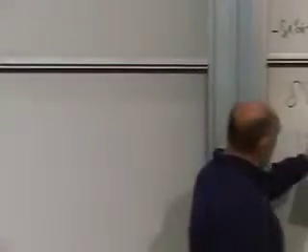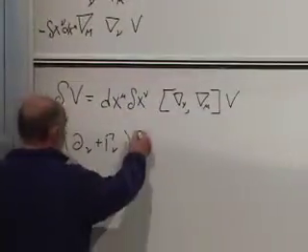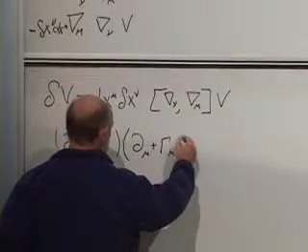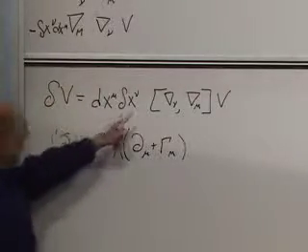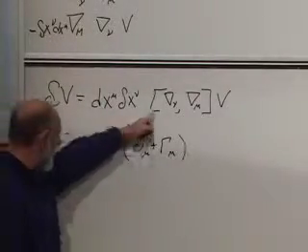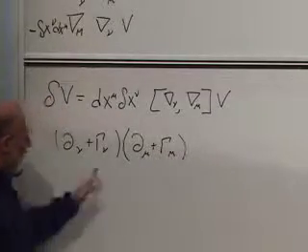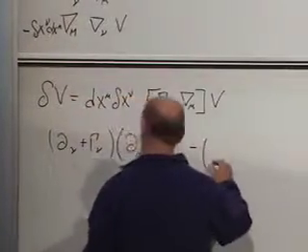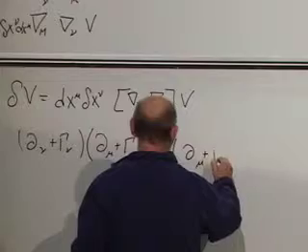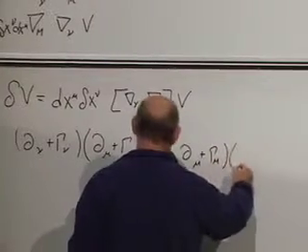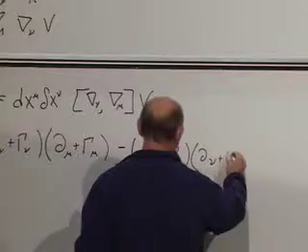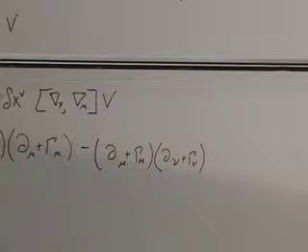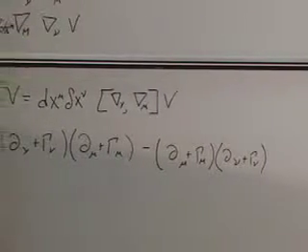D nu plus gamma nu, that's del nu, and then d mu plus gamma mu. That's the product, del nu on the left and del mu on the right. Now we have to switch them and subtract. Minus d mu plus gamma mu times d nu plus gamma nu. And then multiply it by the vector V, but for the moment I'm only interested in writing the operators down.